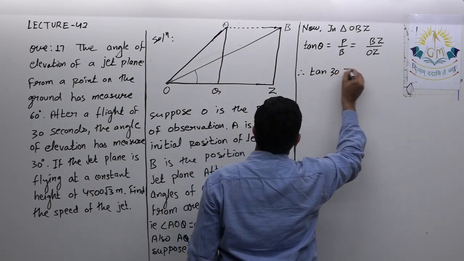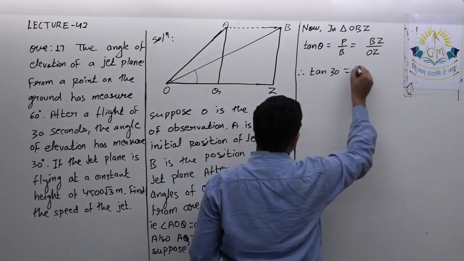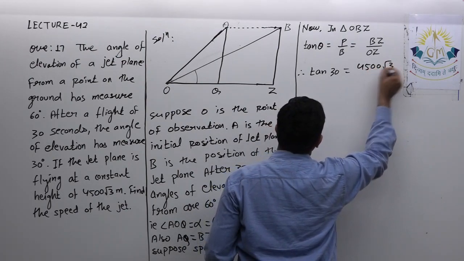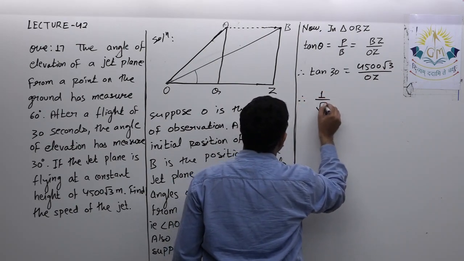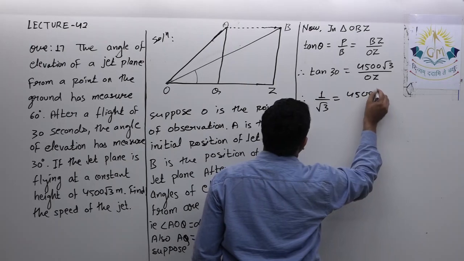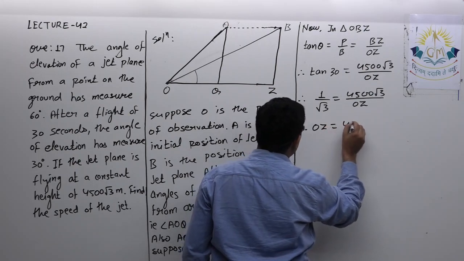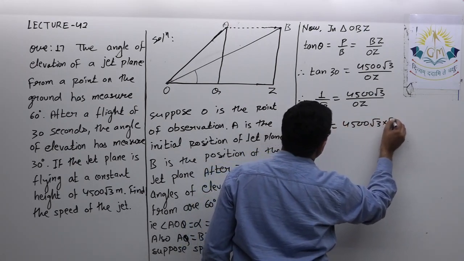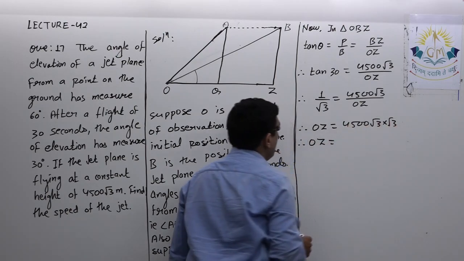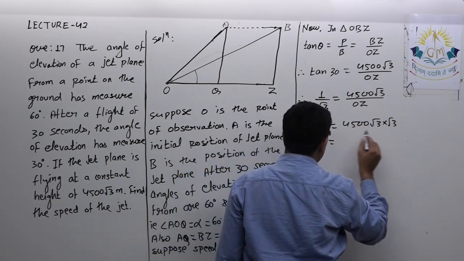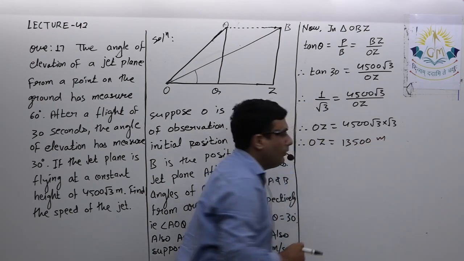So, tan 30 is equal to BZ, that is height. Okay, BZ is height, that is 4500 root 3 upon OZ. Now, tan 30 is 1 upon root 3, which is equal to 4500 root 3 upon OZ. So from here I can say OZ is equal to 4500 root 3 multiplied by root 3. So OZ is equal to, now root 3 times root 3 is 3, so 3 into 4500, 13500 meters. That is the value of OZ.